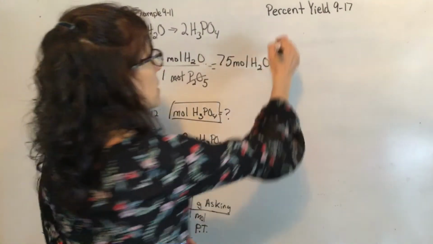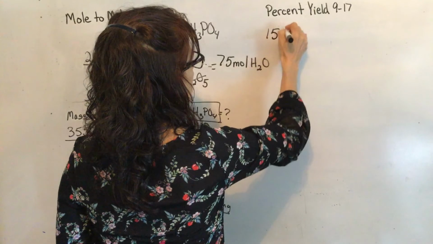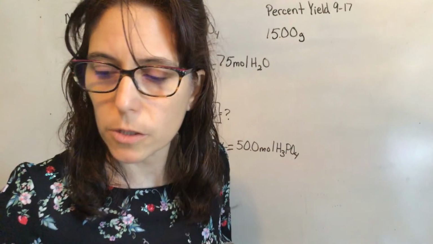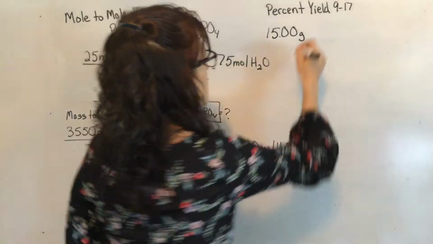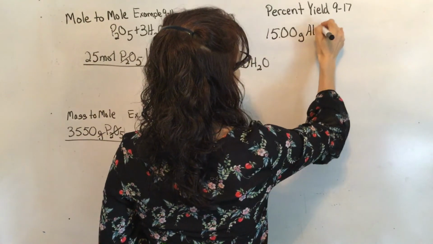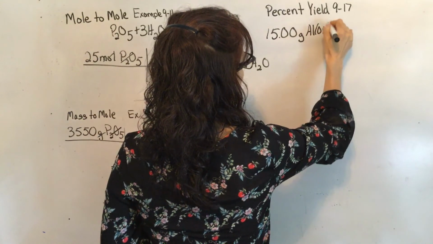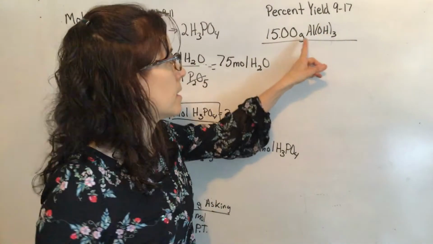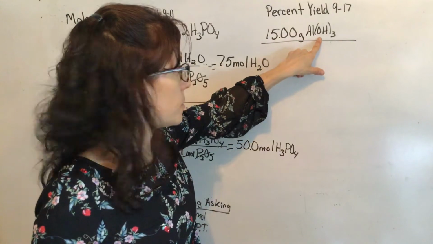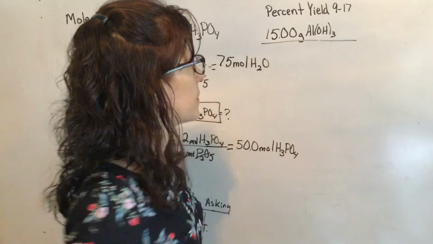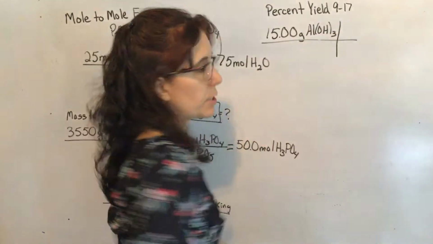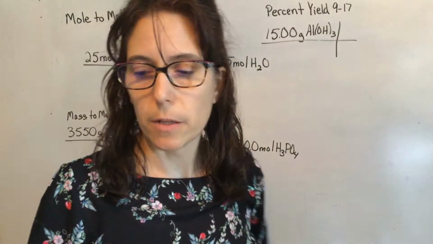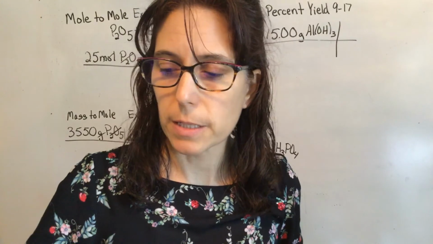15 grams of aluminum hydroxide. All right, that's the amount you're given. The unit is grams. The substance you're given is aluminum hydroxide. What the question is saying is that you're starting with 15 grams of aluminum hydroxide.